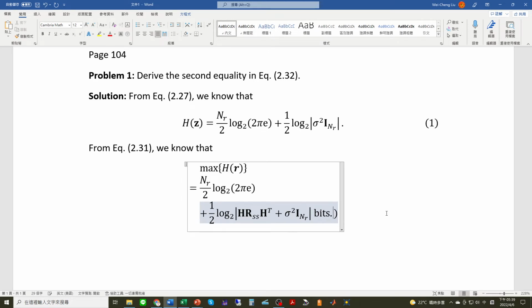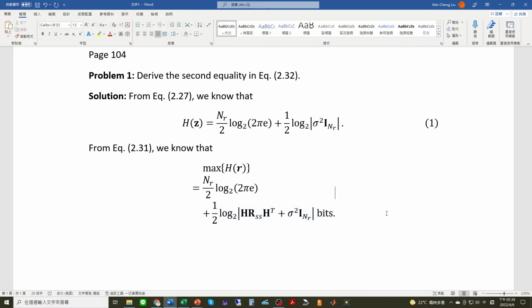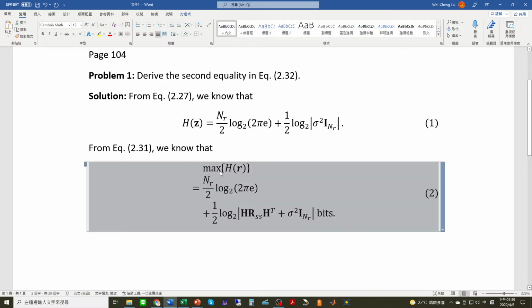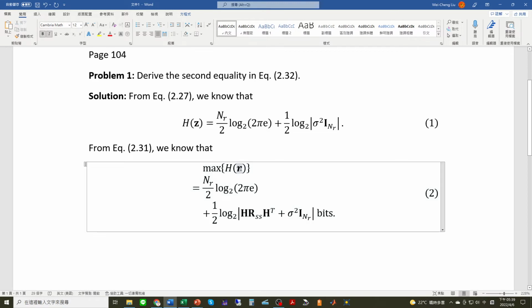So the maximum of h of r, r should not be italic, is equal to nr over 2 times log 2 of 2 pi e plus 1 over 2 times log 2 of the determinant of h times RSS times h transpose plus sigma squared times INR bits.